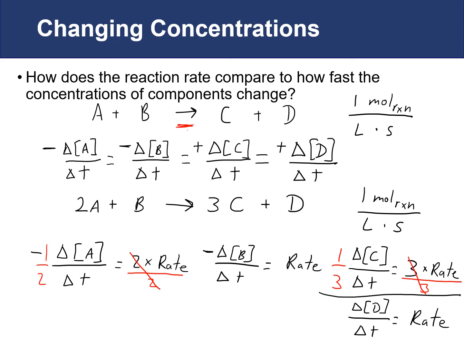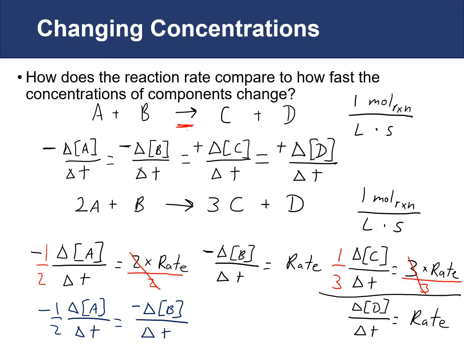Negative change in concentration of B per change in time is equal to rate. 1/3 the change in concentration of C over time is equal to rate, and the same with D. They are all equal to each other.